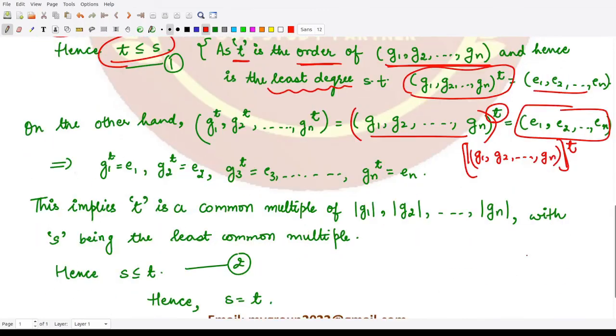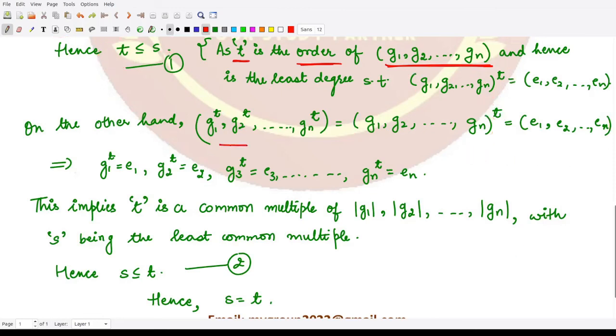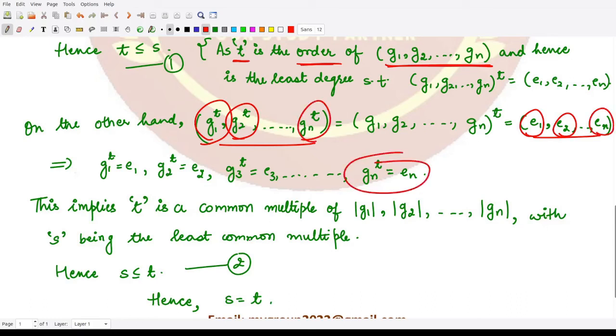So from here you can compare that the term here is equal to this term. So the first term here is equal to this first term. So g1 raised to power t is equal to e1. The second term here is equal to this second term. So g2 raised to power t is equal to e2. Similarly, the last term gn raised to power t is equal to en. So this we have as the last term.